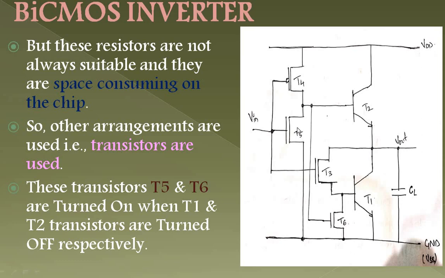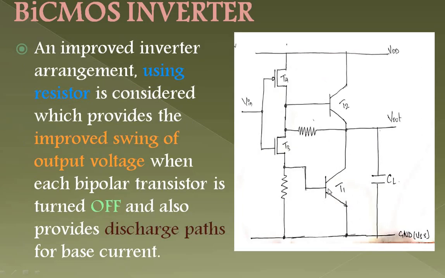T5 and T6 are the two transistors which replace the resistors. These transistors T5 and T6 are turned on when T1 and T2 are turned off. See the same arrangement here; what I have drawn here is T3, T4, which are opposite in the first one. Just make some arrangements and change the numberings as you go through this video.